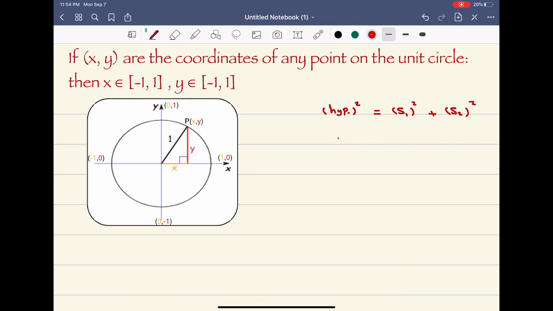Since the hypotenuse is the radius length, equal to 1, therefore 1 square equals x square, where x is the distance on the x-axis, plus y square. Therefore, x square plus y square equals 1, and it's the first rule in trig.